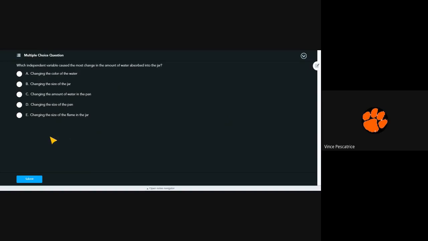Which one caused the largest change in the amount of water absorbed into the jar? All right, everyone's getting this right. It's an easy one.